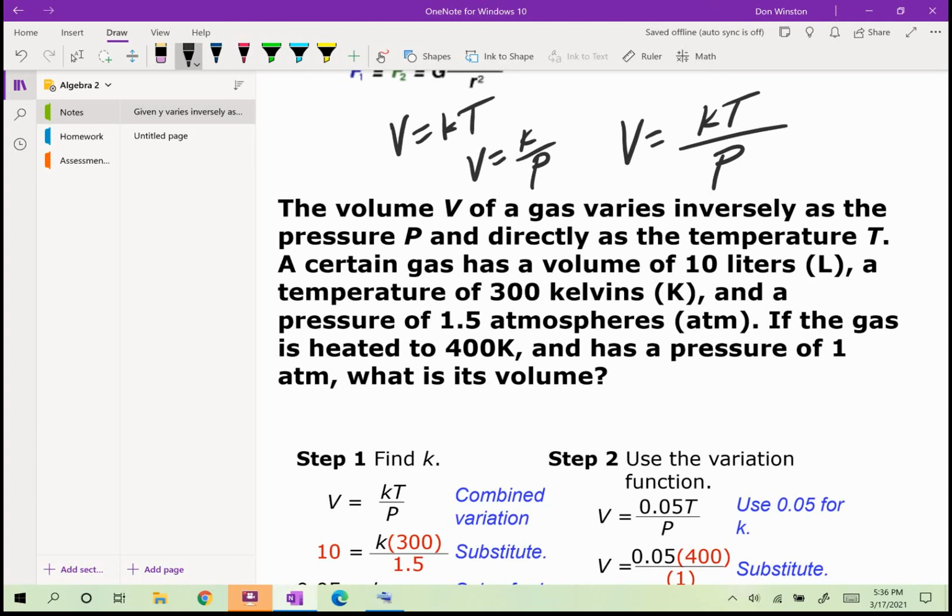So we combine them together. So the volume V of a gas varies inversely as a pressure P and directly as a temperature T.